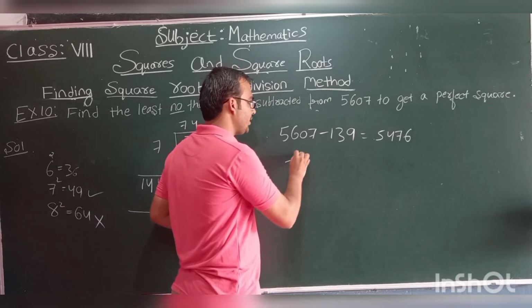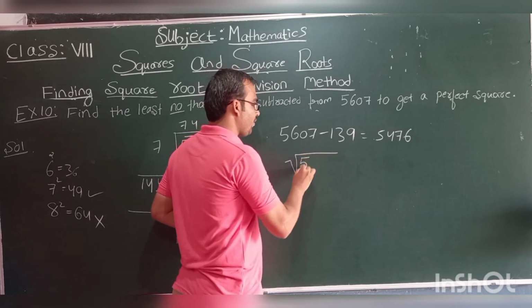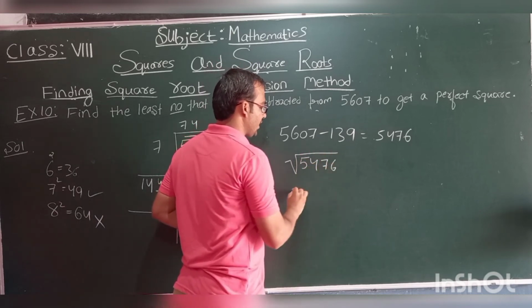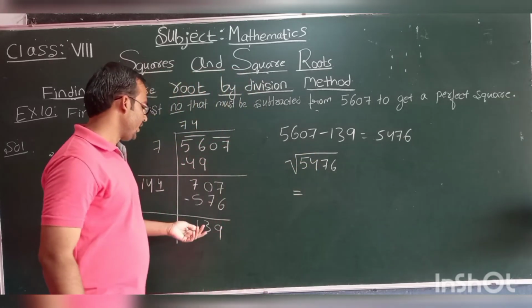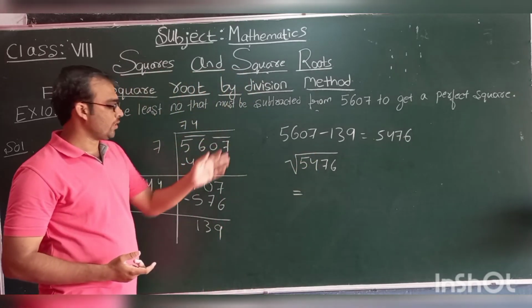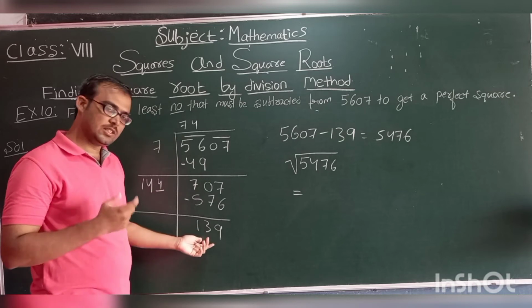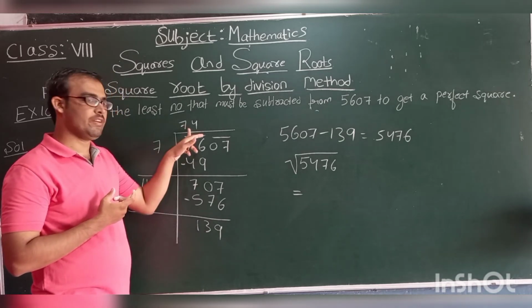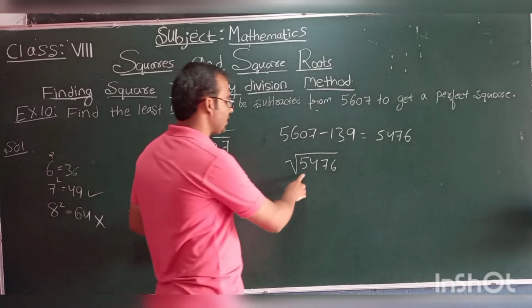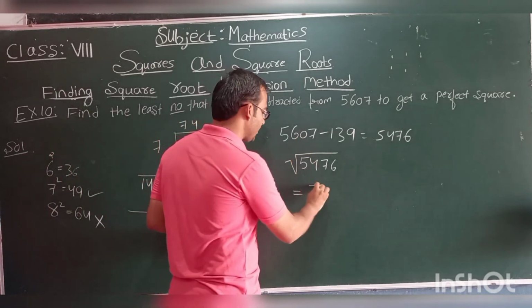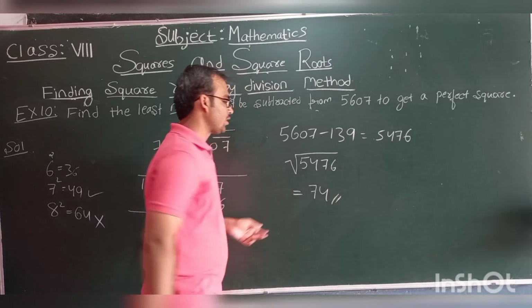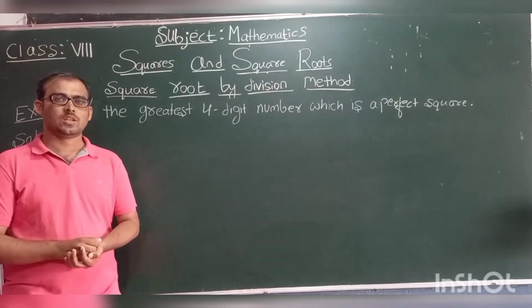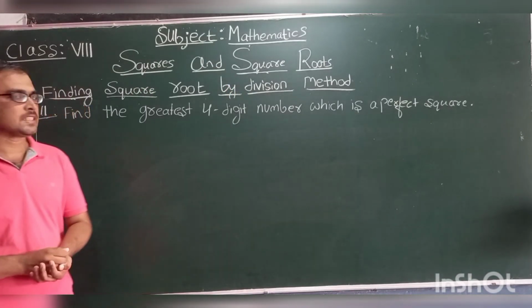And what is the square root of 5476? If we subtract 139 from this number, we are getting 0 as a remainder. So if we are getting 0 as a remainder, then 74 will be the square root of 5476. So the square root of this is 74. Students, now let us solve the 11th example problem.